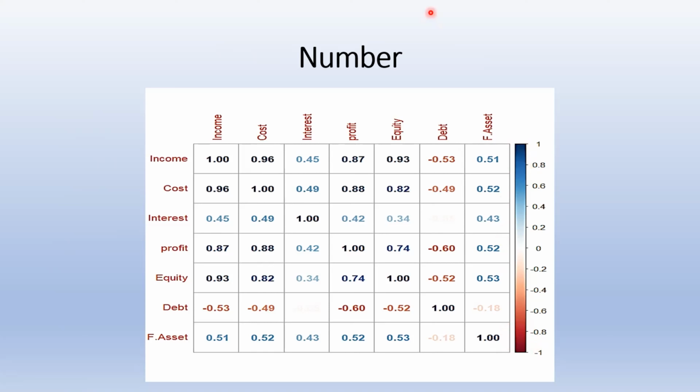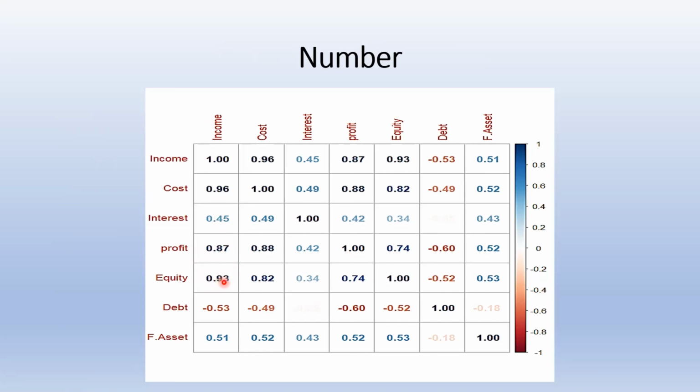We can find in this correlation coefficient, 0.87, and 0.87 is close to 1. So you can find a very dark blue color for this correlation coefficient. Similarly, the correlation coefficient between income and equity is 0.93, and here also you can find a dark blue color.